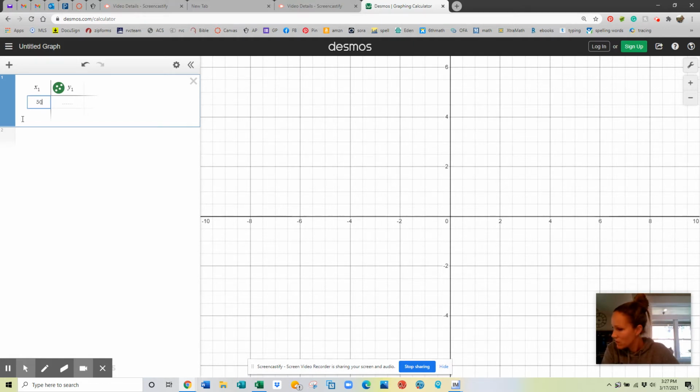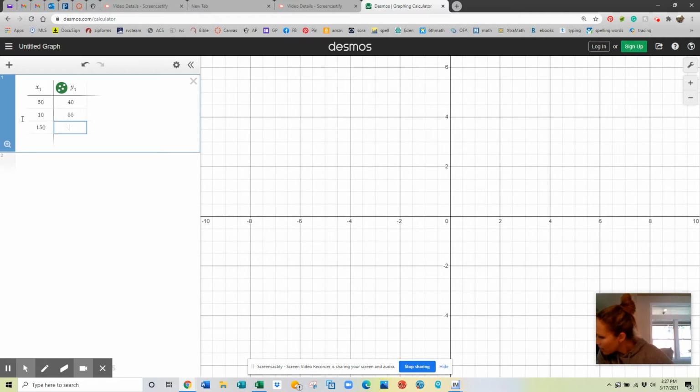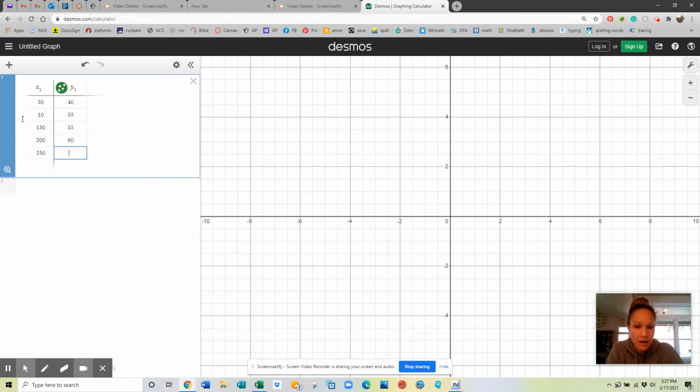So when X is 50, Y is 40. When X is 10, Y is 55. One year they spent 150, and that year 55 people came. Then 280 and 250 and 65.